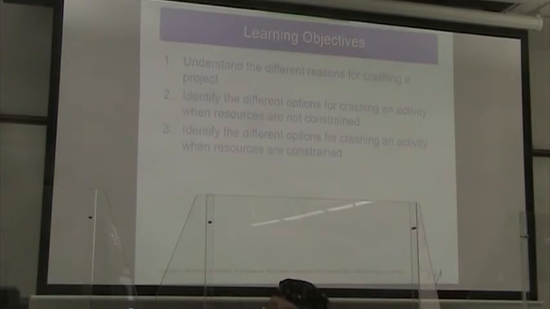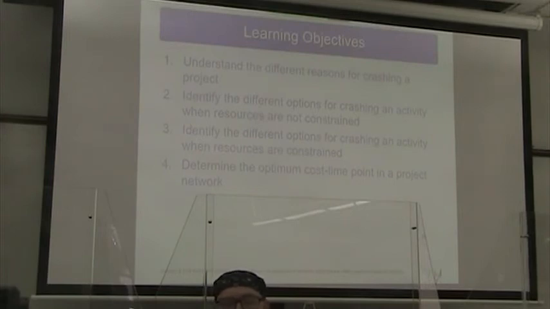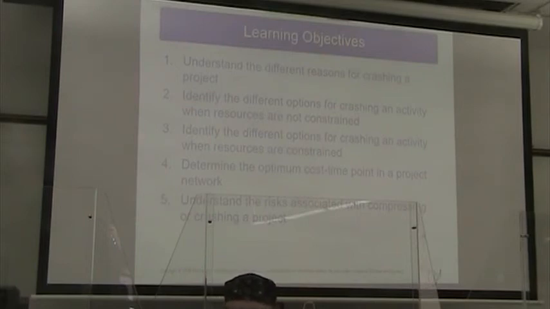We have different ways of identifying what those options are when the resources are constrained. We're going to work on how we determine an optimum cost time in a project network, understand what the risks are when we compress the time on a project, and see what our different options are for reducing costs of a project when we're trying to shorten the duration.